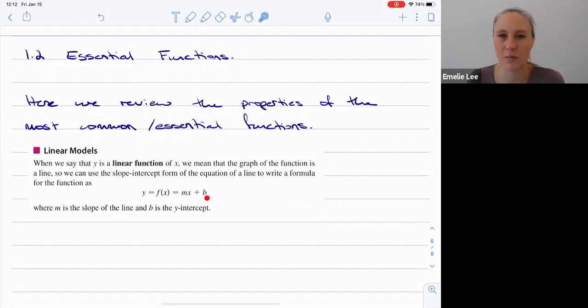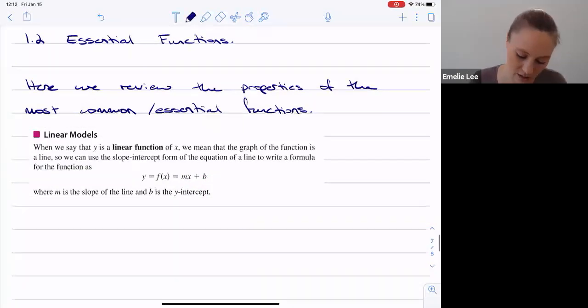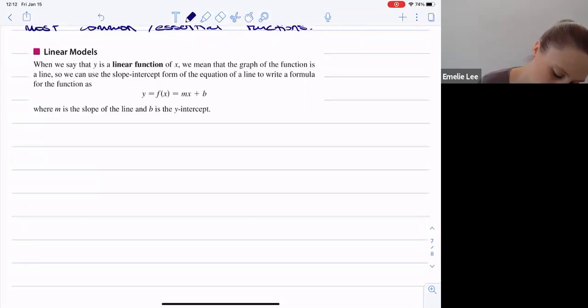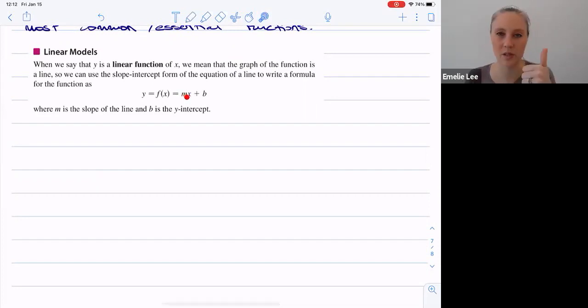b0 plus b1x, which is more for stats, but it doesn't matter as long as you have one x where the highest power of x is 1, right? And then you can allow for some y-intercept. If it's 0, it just goes away. One thing that's more useful is the point slope form of a line.